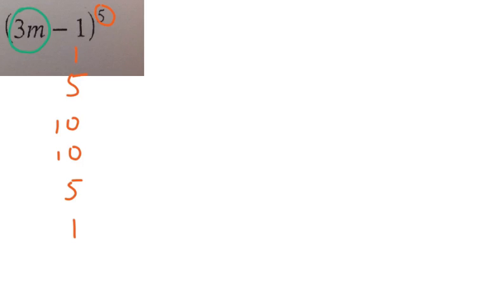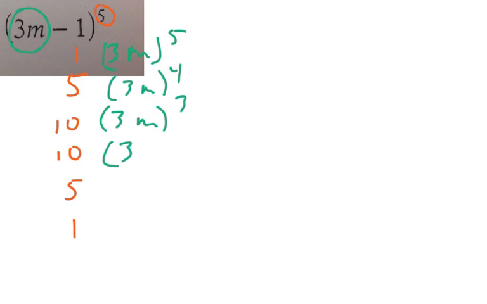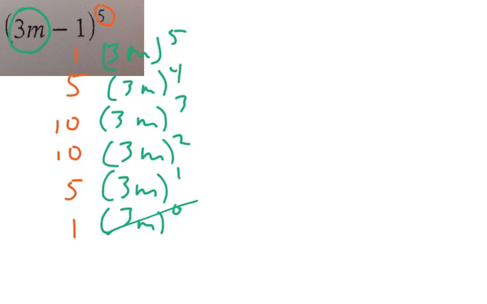So that 3m means it's going to go 3m to the 5. Then 3m to the 4. Remember to use parentheses on these guys. 3m to the 3. 3m to the 2. 3m to the 1. And finally 3m to the 0, which of course is 1.